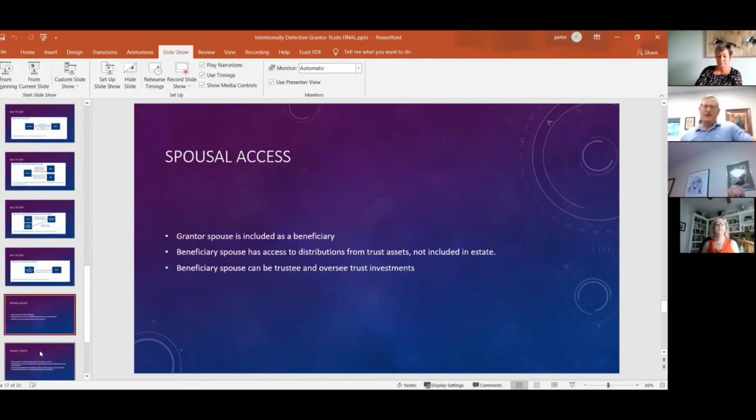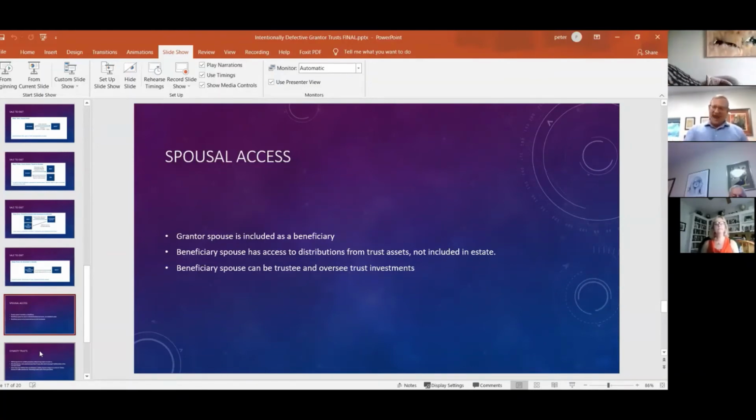One of the topics that has been in a lot of the publications recently are spousal lifetime access trusts, or SLATs. A defective grantor trust can be set up to allow the spouse to have access to some of the income from the trust.